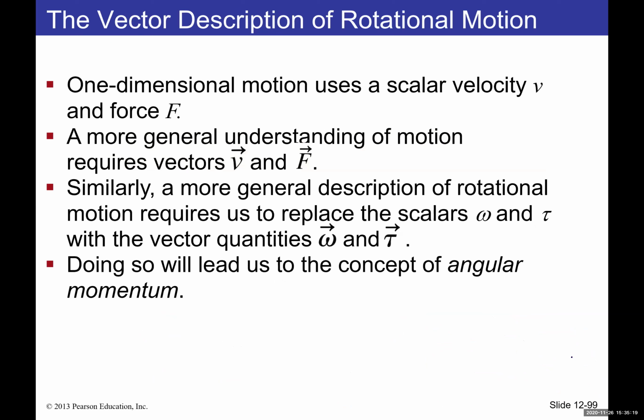One-dimensional motion uses scalar velocity V and force F. A more general understanding of motion requires vector V and vector force. Similarly, a more general description of rotational motion requires us to replace the scalars omega and torque with the vector quantities, omega and torque.